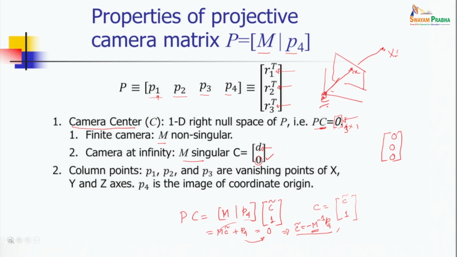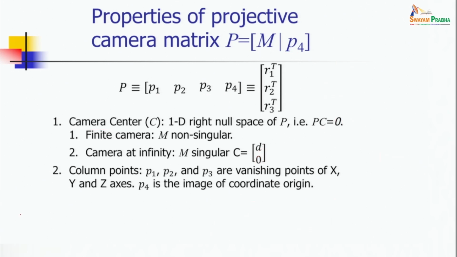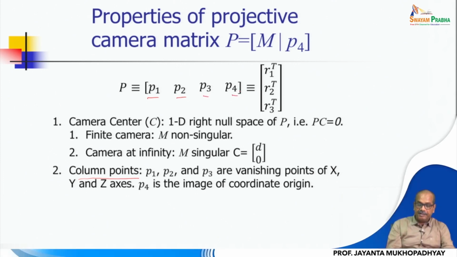But let us continue with our discussions with other geometric interpretations, relating them to the submatrices of the projection matrix. So we will now consider the column representation. You have these column vectors. Now if I use these column vectors, what are their interpretations?